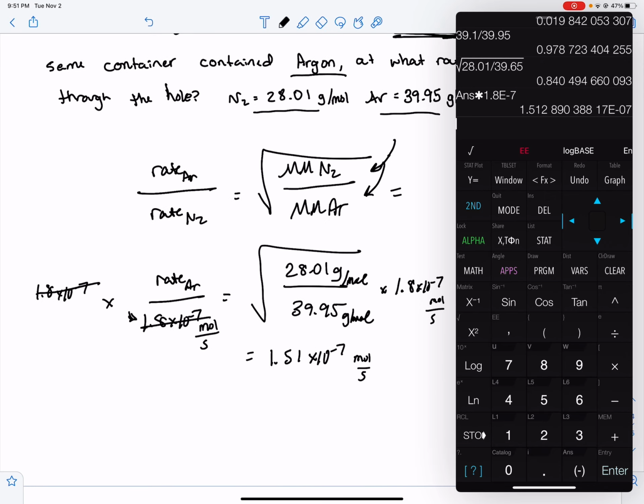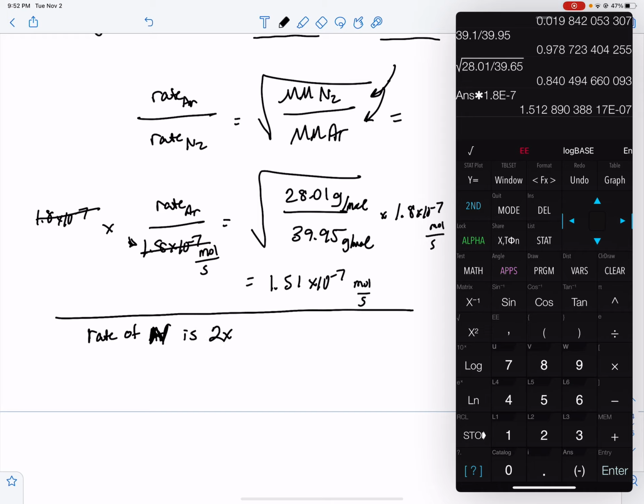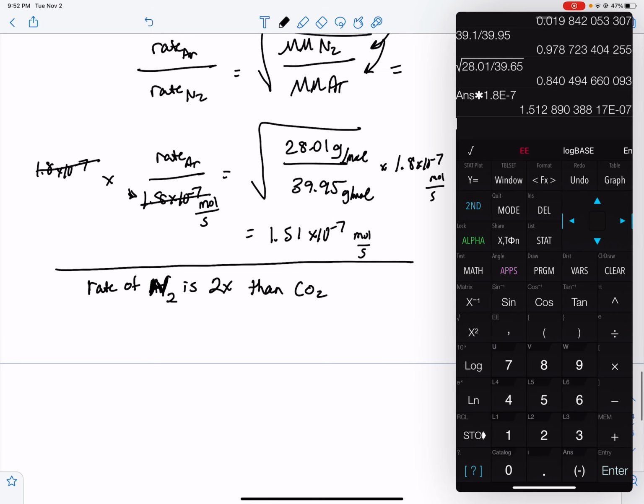Sometimes instead of giving the rates, they'll say, and I'm making up a new problem here, that the rate of nitrogen is like 2 times faster than CO2. So in that case, you would just pick a number, because it doesn't really matter what number you pick.